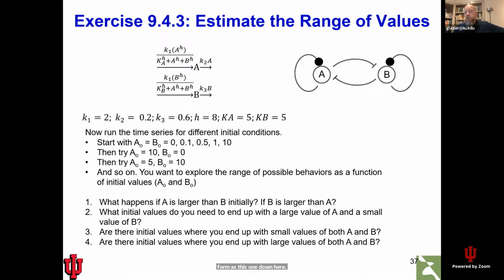This is another exercise where perhaps we don't have to do it, but I want to talk about it. This was one that I originally wrote for this set of equations rather than the other one.